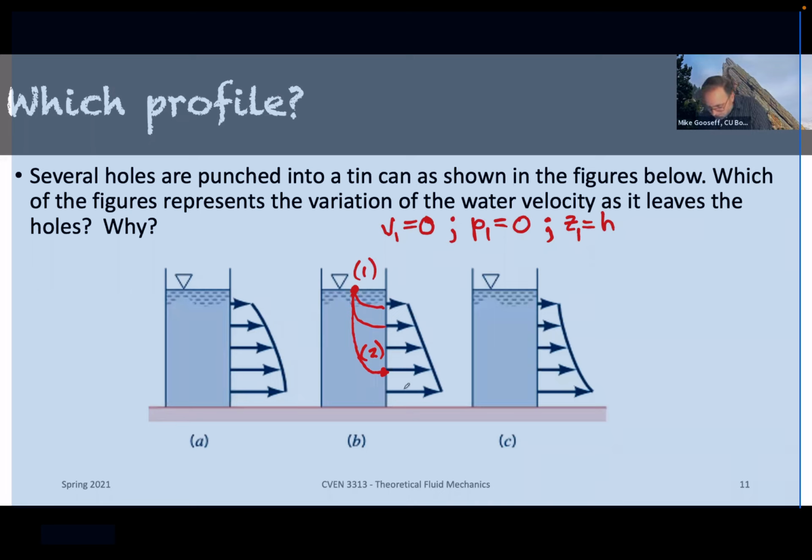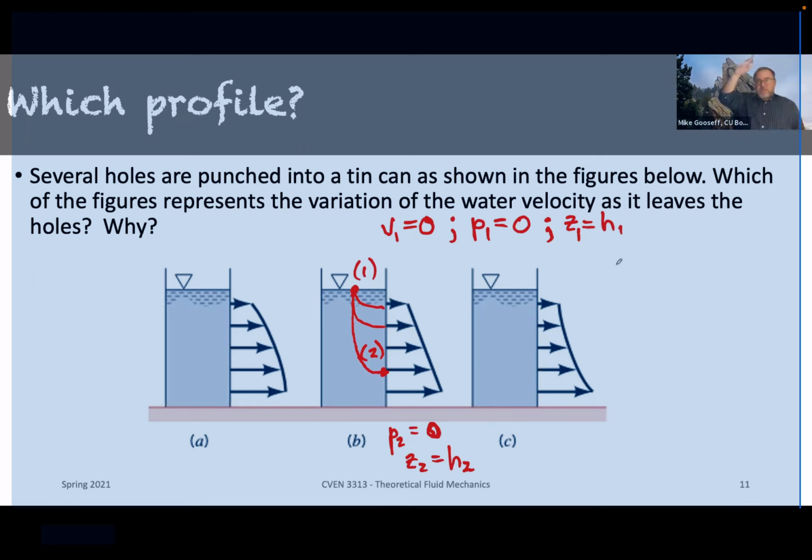P2, then at this open jet, P2 will be equal to 0, and we'll have some Z2 equal to some H2, right? So H, we could call it H1, I guess, but H1 and H2 will not change.